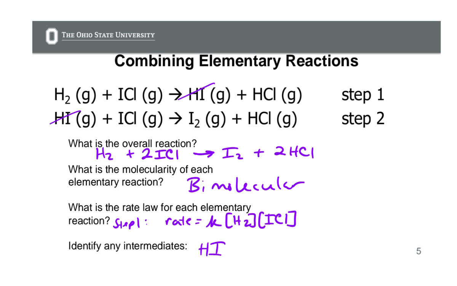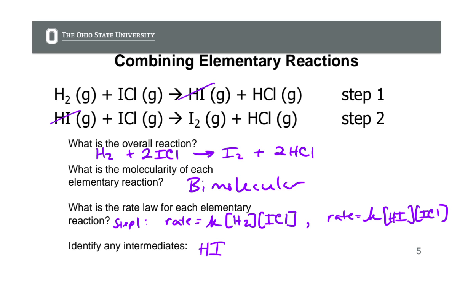By way of writing an elementary reaction, we're limiting ourselves by the number of things that can collide and the orders in which they play out. So then for step 2, rate equals rate constant k times [HI] times [ICl].